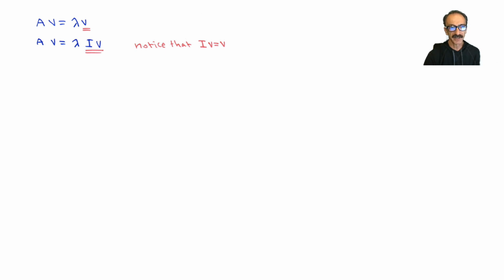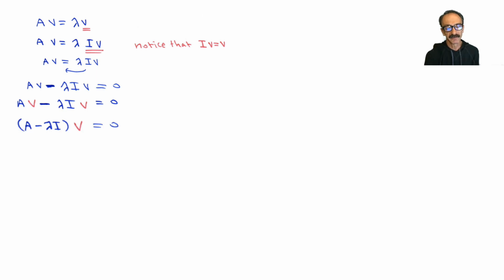Moving everything to the left, I'll have Av minus lambda Iv equals 0. Taking v out as a common factor, we will have A minus lambda I times v equals 0.